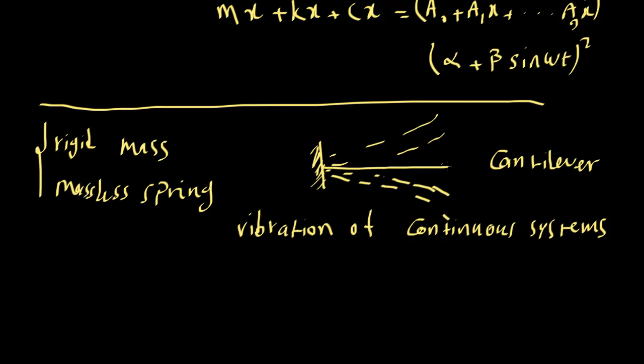So let's say you show the deflection of this ruler, this cantilever, with W, and this is the x. The deflection W depends on where on the cantilever we are, on x, and also on time. At each position, the vibration at that point depends on time, and the deflection or the amplitude also depends on where on the beam we are.